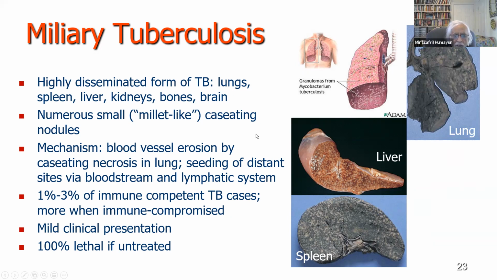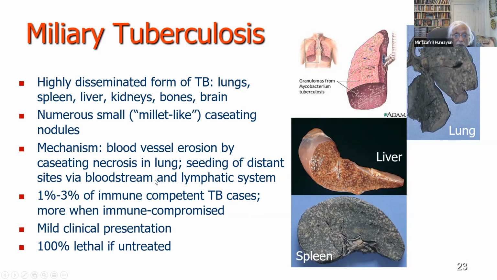It can occur in lungs, spleen, liver, kidneys, bones, brain, and so on. The mechanism of miliary tuberculosis is believed to be blood vessel erosion by a caseating necrosis in lung, which releases bacteria into the bloodstream or the lymphatic stream through which they can spread to other parts of the body and form tuberculous lesions.